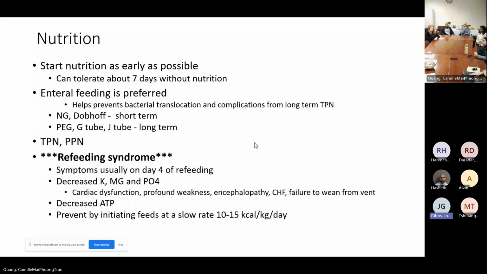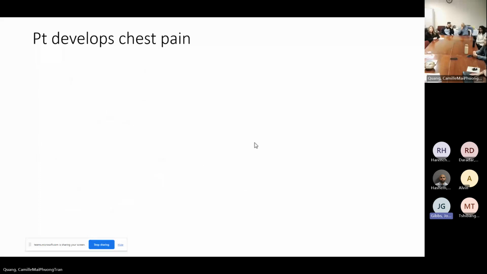Did you talk about the bumper? The PEG, yeah. That's going to be an important job for you when you're rotating, because that bumper dislodging or pulling away from the abdominal wall can cause complications.